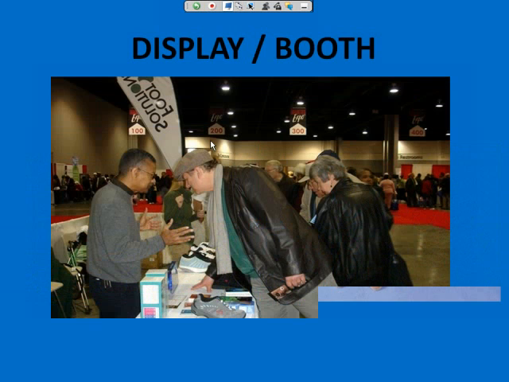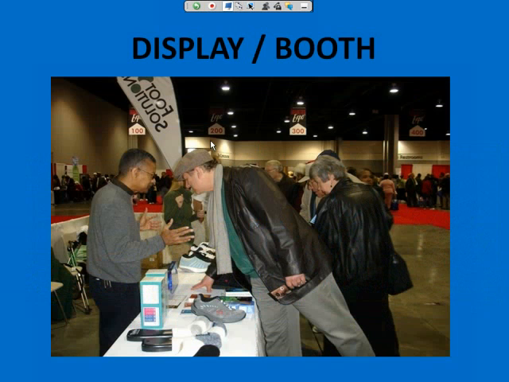Whenever you have a display and a booth format, make sure that your tabletop is not covered with just paper materials. You want something visible. You want to talk what you're about. Okay? So a lot of times, taking time to put your hands on the foot, put your hands on their shoes, and evaluate that process, that is priceless.